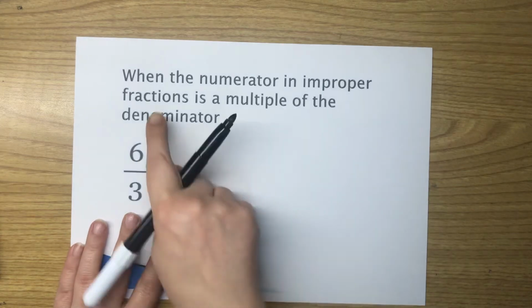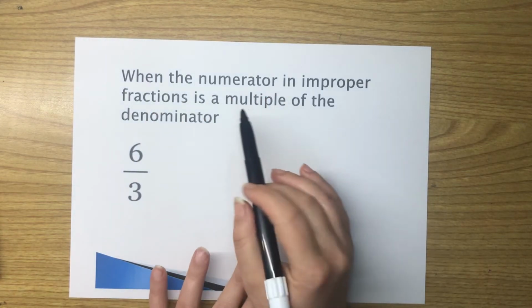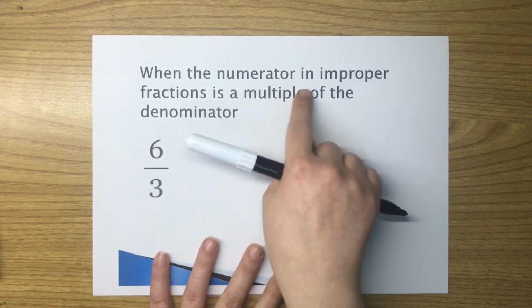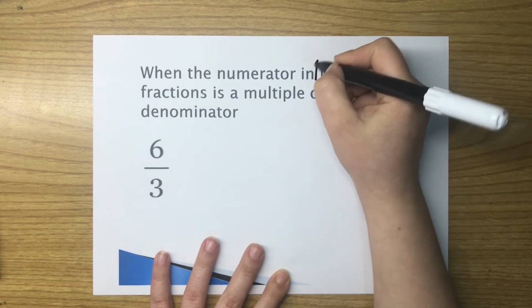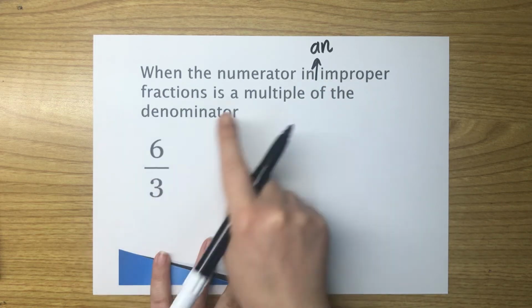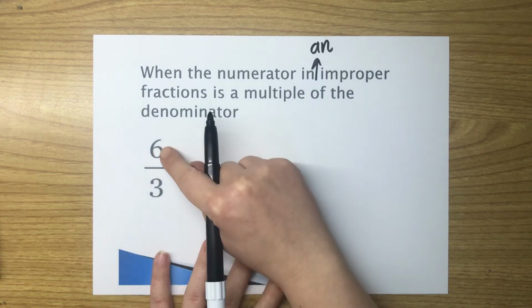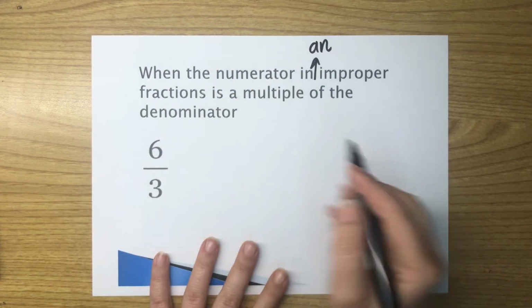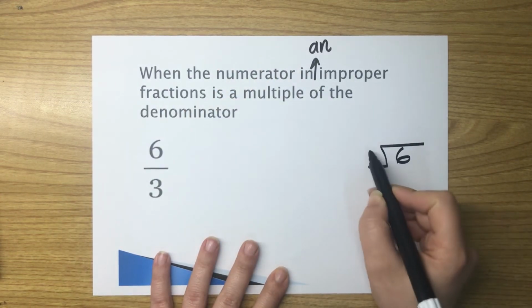Okay, what happens when the numerator, in this example which is 6, in an improper fraction is a multiple of the denominator? 6 is a multiple of the denominator. So let's take it as long division. 6 divided by 3.